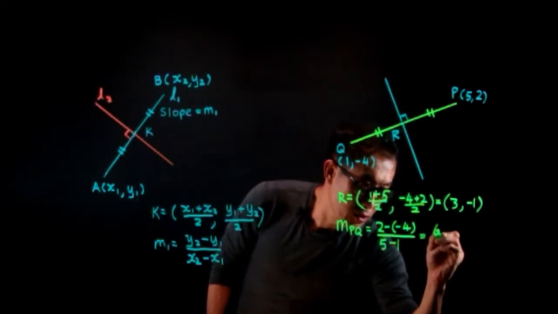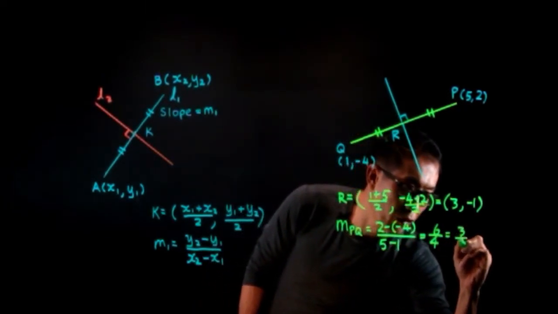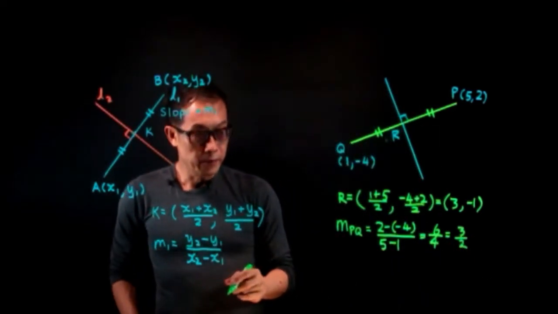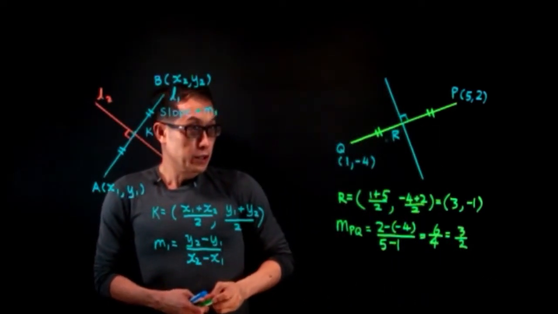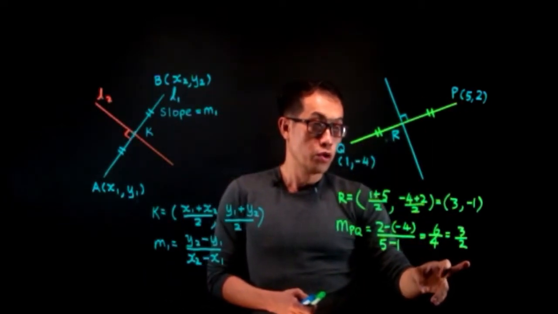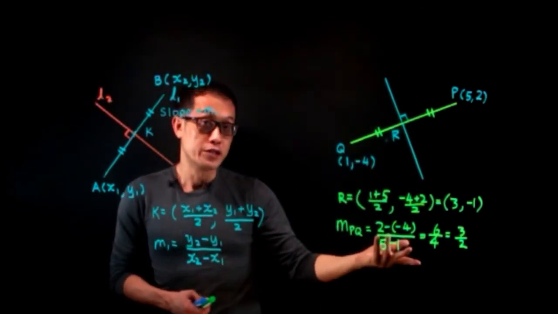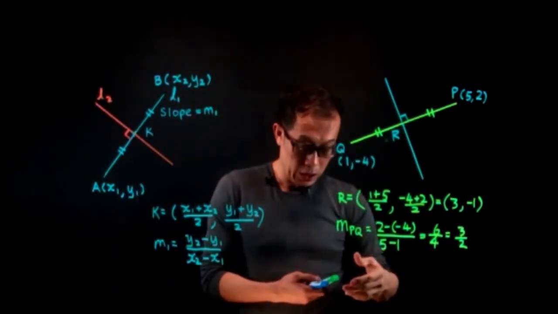So you get 6 over 4 here, which is equal to 3 over 2. Okay. Now the gradient of this line is 3 over 2. So what is the gradient of the blue line? It will be minus 2 over 3, the negative reciprocal.